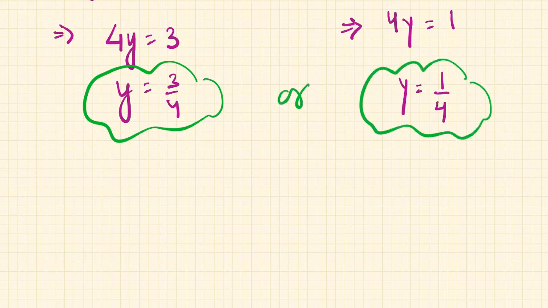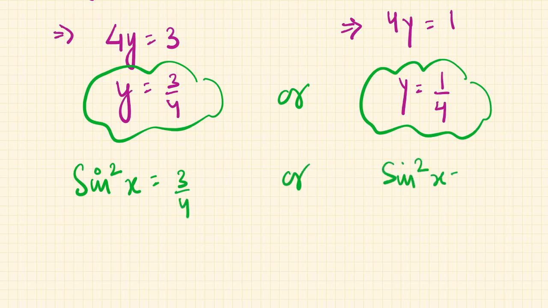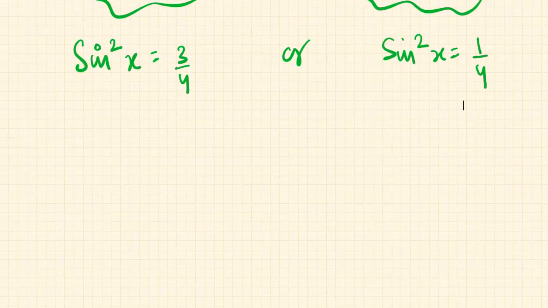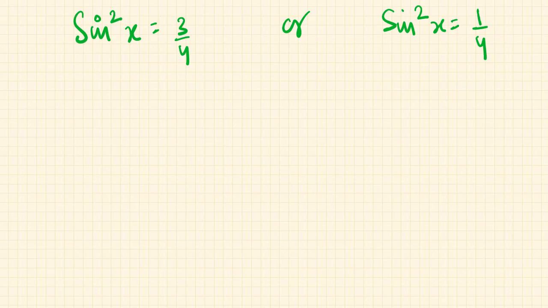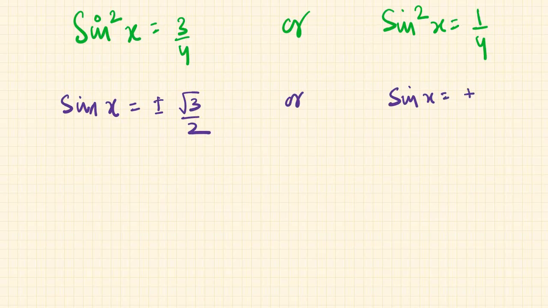Now my y was sine square x, so sine square x is equal to 3 over 4, or sine square x is equal to 1 over 4, right? Continuing. That's like a new question to me now. When we continue this, square root both sides, sine x is equal to plus minus root 3 over 2, or sine x is equal to plus minus 1 over 2, right?